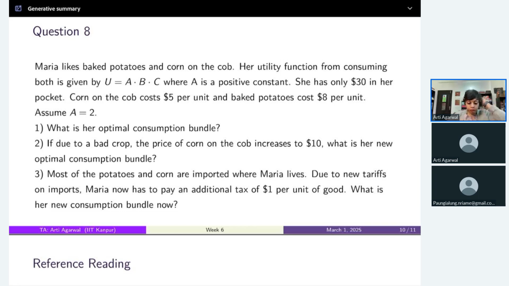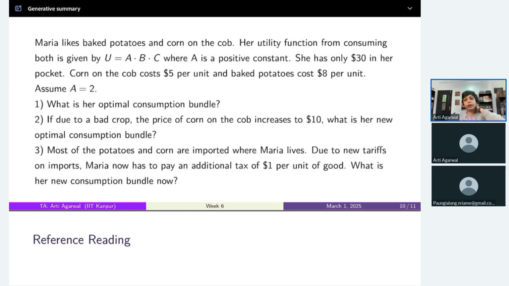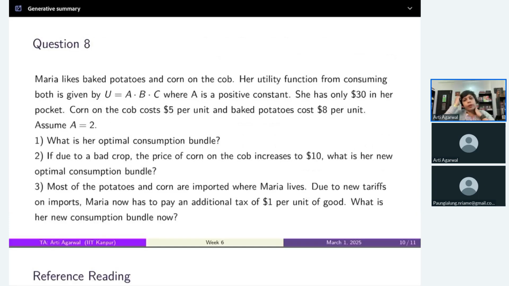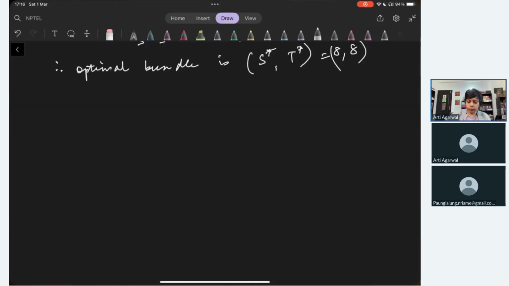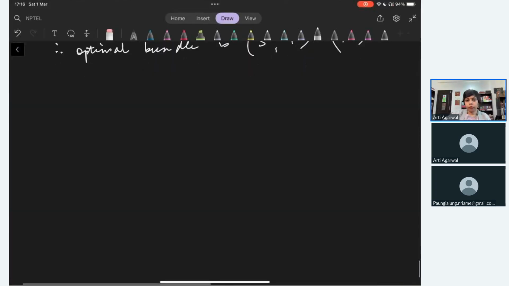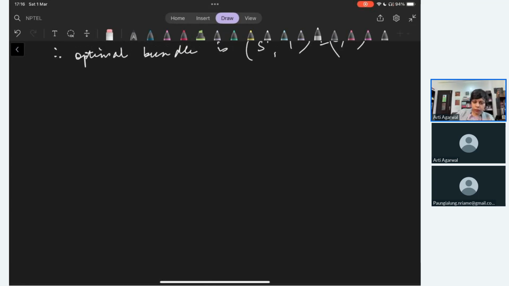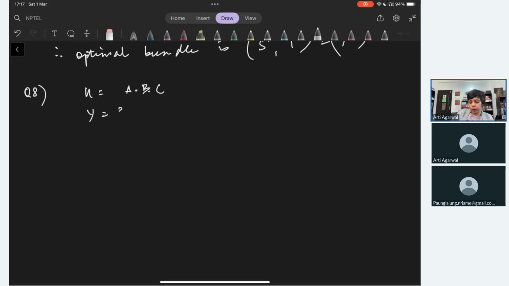Okay, so the first part is pretty straightforward. We are given the price of both the goods, we are given the utility function, and we are just asked the optimal consumption bundle. So let's solve this part. We know her income is 30.